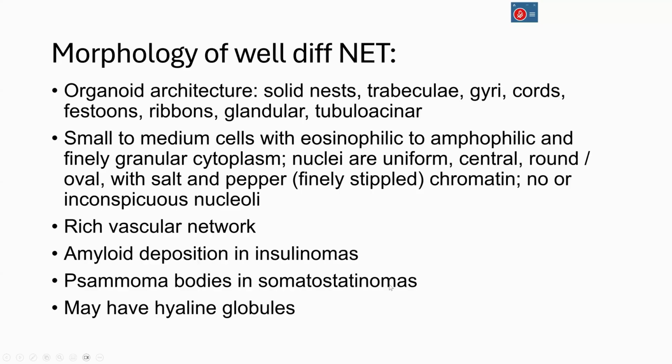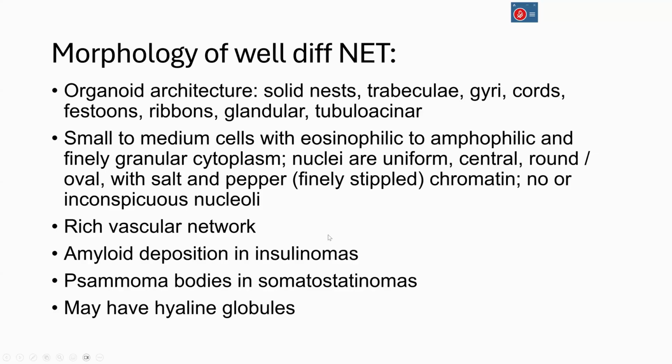Neuroendocrine tumor can be secretory or non-secretory. Secretory tumors are more common with syndromic neuroendocrine tumor. If a patient has, suppose, MEN1 and develops neuroendocrine tumor, the chances of having a secretory neuroendocrine tumor which secretes one or two peptides are more common.